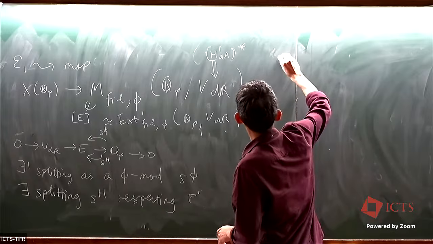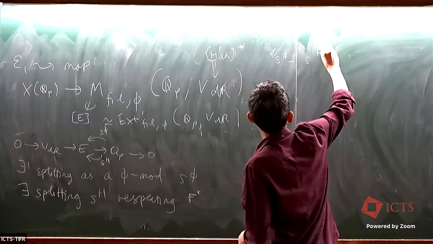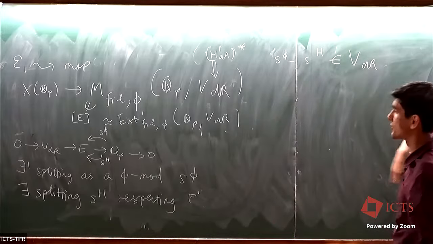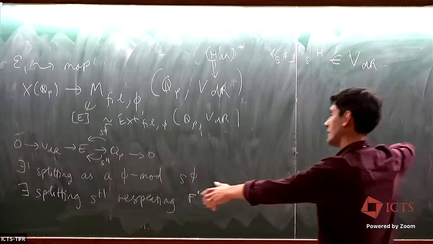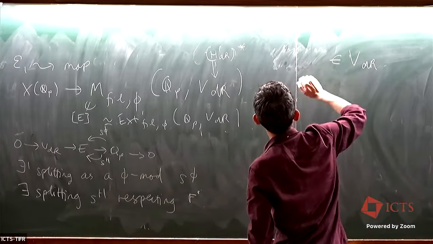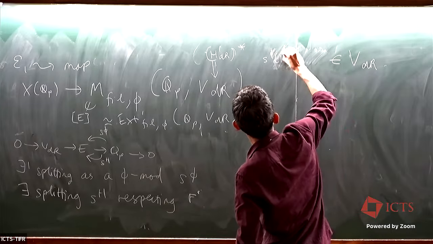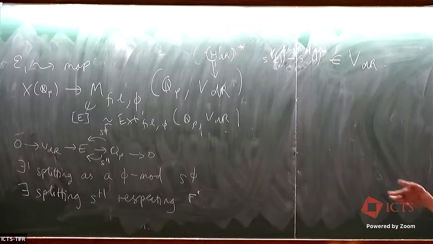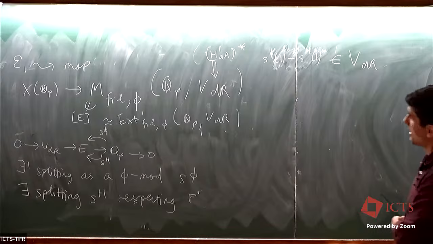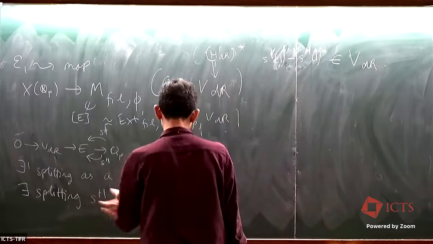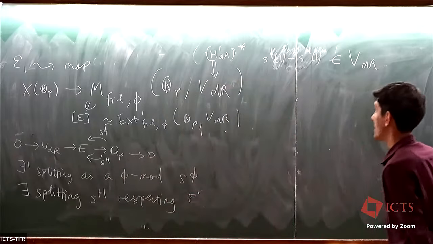Then S phi minus SH gives us an element of V. We now have something which just depends on V, so we seem closer to classifying the extensions. S phi was canonical and didn't depend on a choice, but SH did depend on a choice, since we could choose different splittings respecting the Hodge filtration.